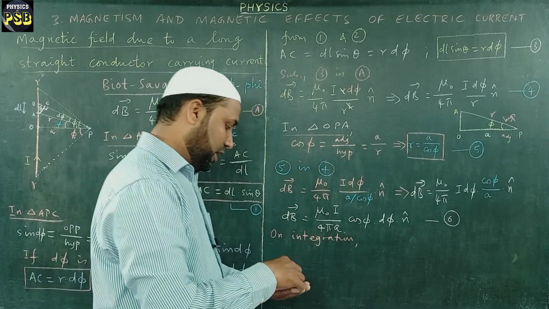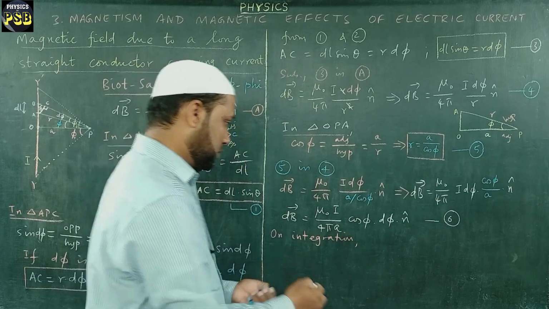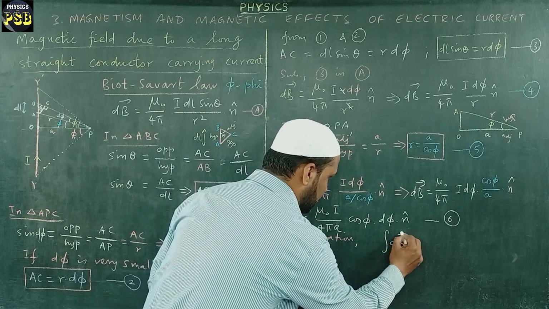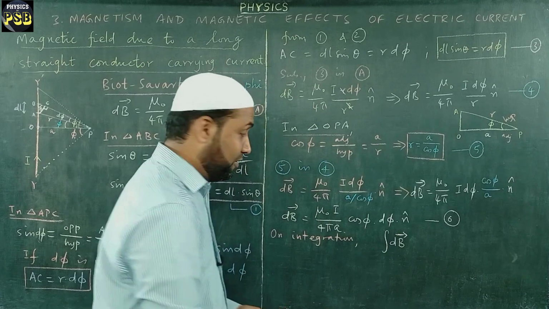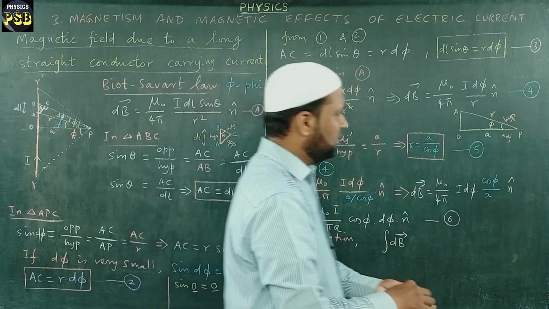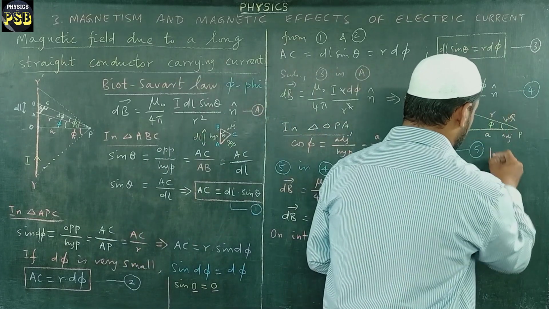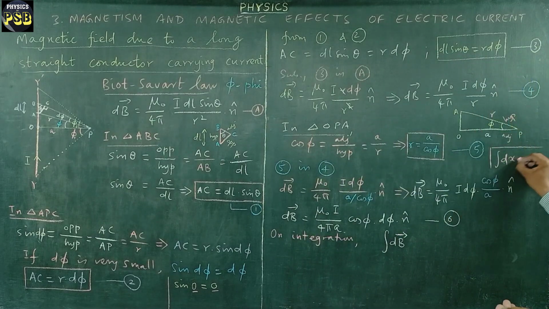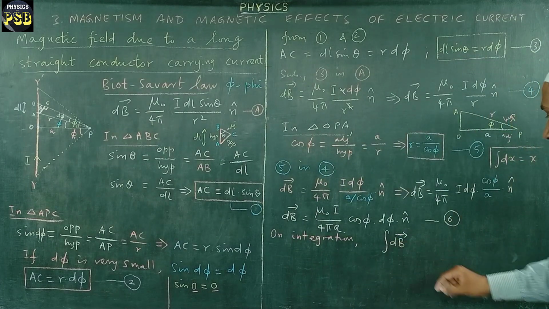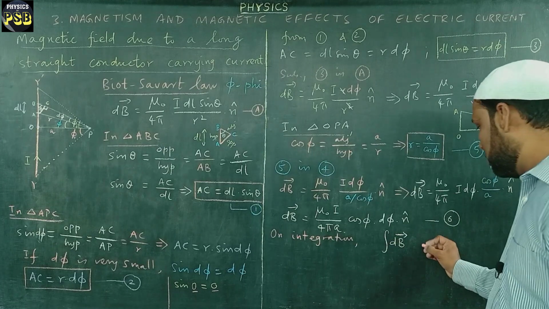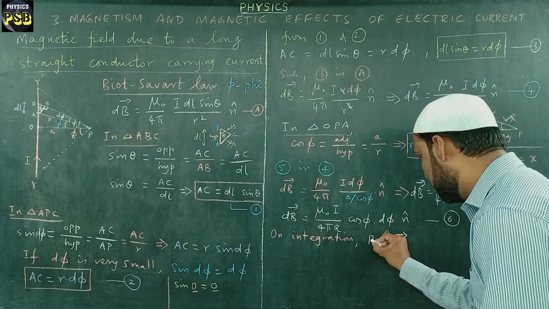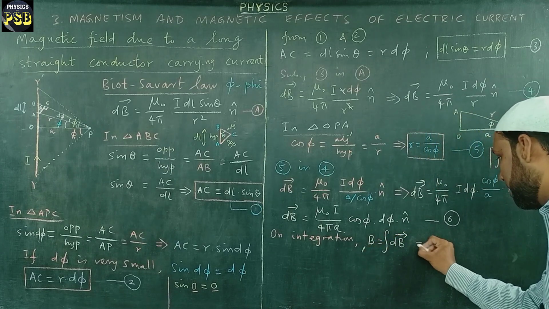With this, if I integrate dB vector, then I will get B. As you know very well, the integral of dx is x, and similarly the integral of dB is found to be equal to B. Remember this, okay?